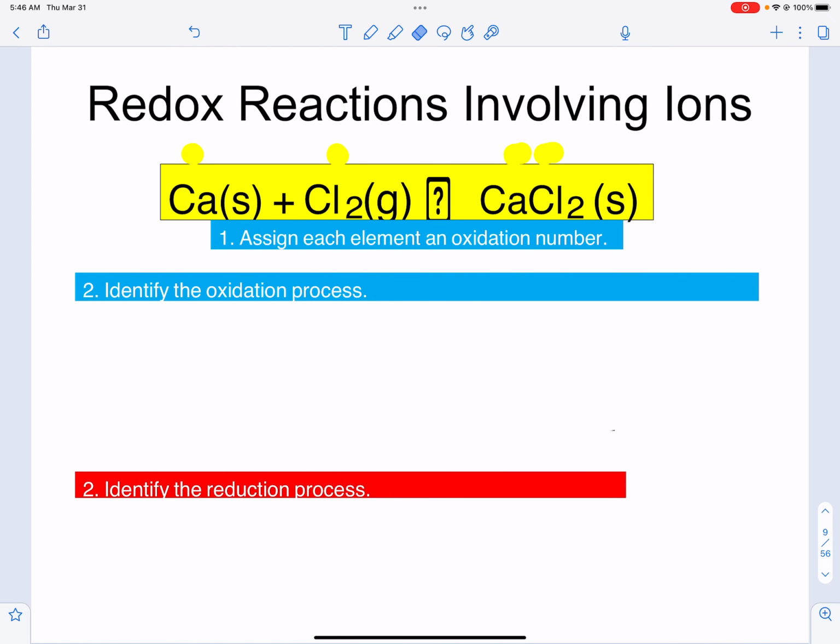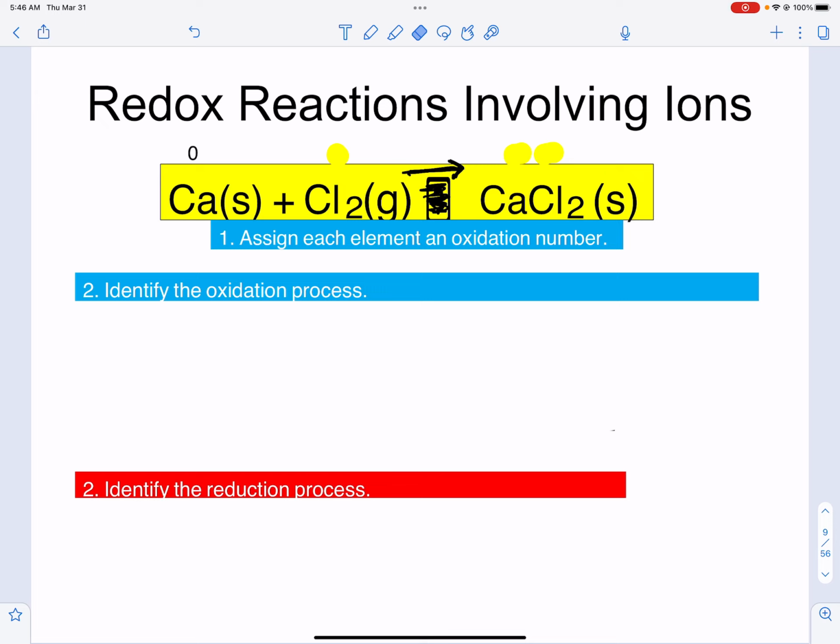So how can we use this counting of electrons to decide if we have a reaction or not? That should be an arrow. So what we're going to do, we're going to assign oxidation numbers to each element. Calcium is by itself, so that's going to be 0.